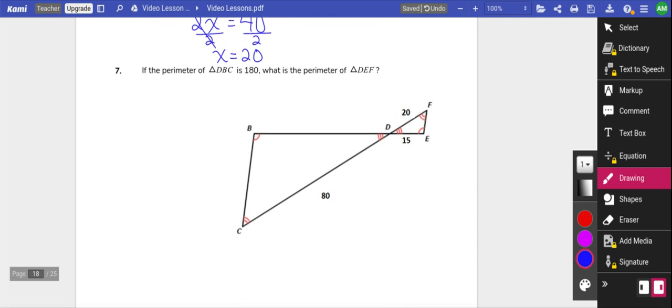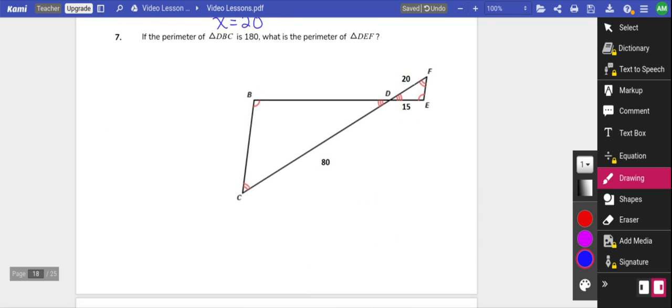Now I have another question that's going to be a little bit more involved. Let's try it. If the perimeter of DBC is 180, what is the perimeter of triangle DEF? Oof. All right.